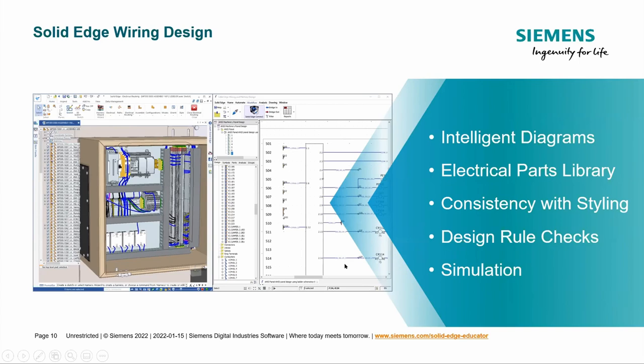And then finally, a very important piece here is simulation. I'm going to show you examples of this. Simulation means, yes, we've captured our schematic, but do we have it hooked up properly? Will it function properly based on the way I have the switches set in the diagram and the schematic? That's functional simulation.